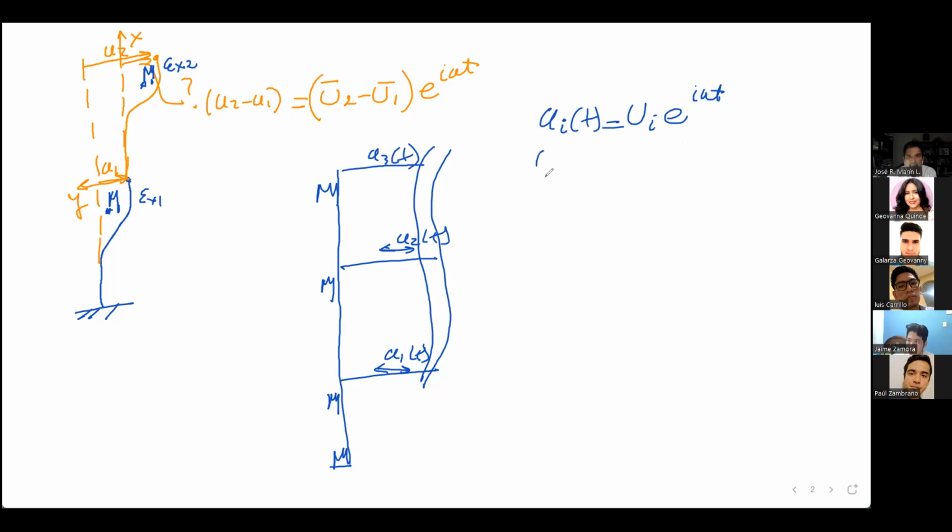Now, let's suppose I have an accelerometer here, very close to the first story. Basically, this acceleration is the acceleration of U1. Can you calculate the acceleration of U1? Ms. Vega, can you calculate the acceleration of U1?